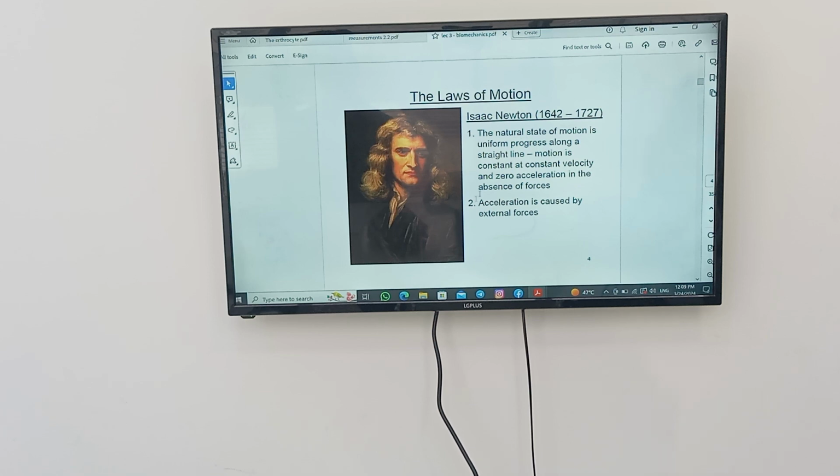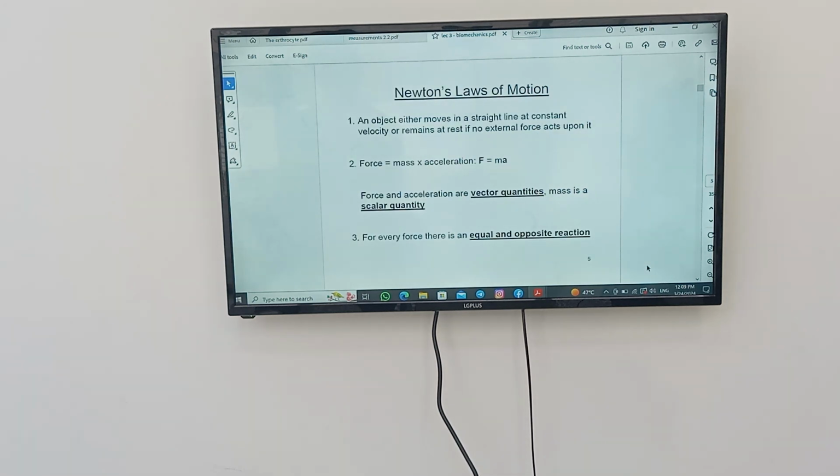We all know Newton's law of motion, of course, is the correct one, because he said that the normal state of motion is in a straight line, with constant velocity and zero acceleration unless it's affected by an external force, which will result in acceleration.